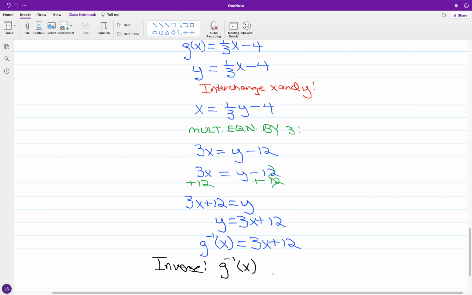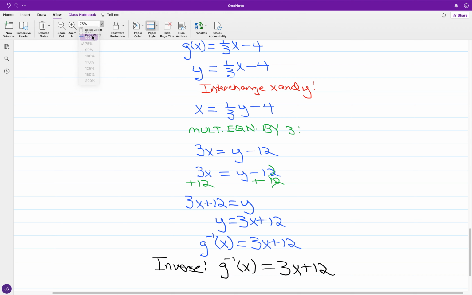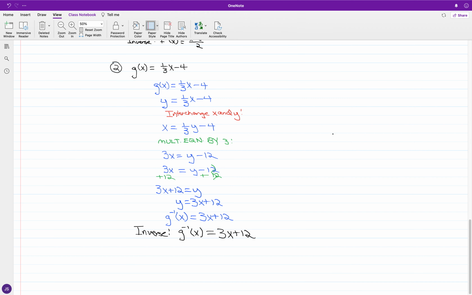Just formally addressing this, we have the inverse of g of x, and that is going to be equal to, once again, 3x plus 12. All right, and just again taking a visual.